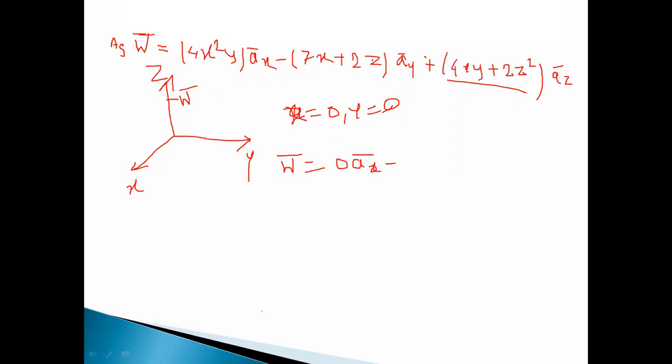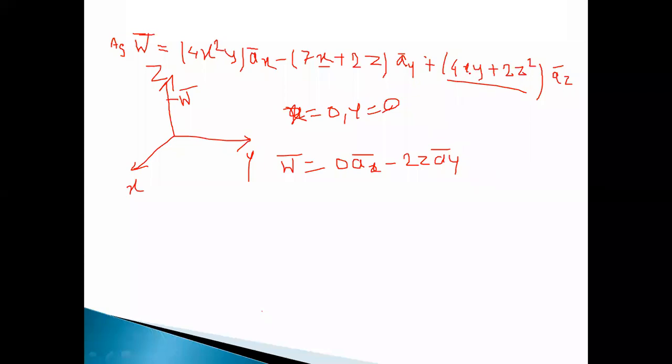Then minus 2z into unit vector a bar y, correct?